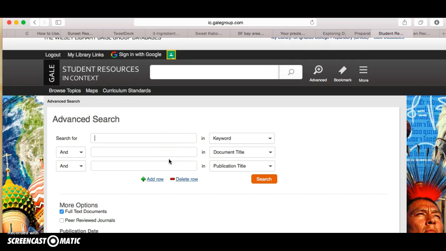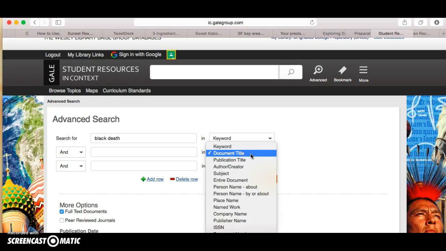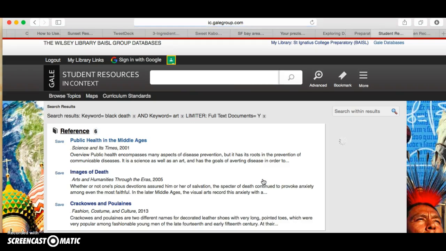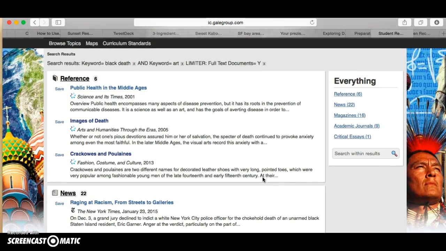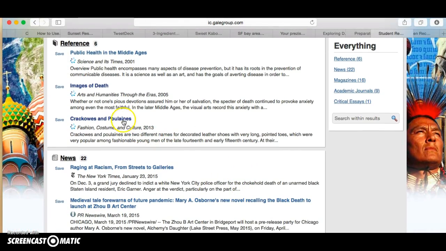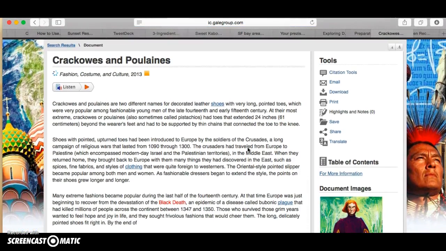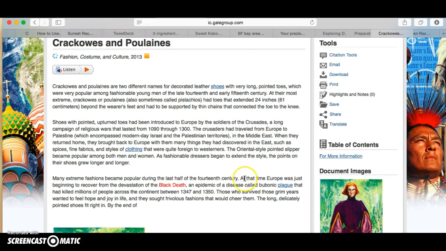I'm going to follow up with the idea of the Black Death as keyword, and I'm going to put another keyword in there, Black Death and art. So whatever comes up needs to be about both of those things. Images of death, Krakows and Poulains, fashion, costume, and cultures. Different leather shoes with very long pointed toes.